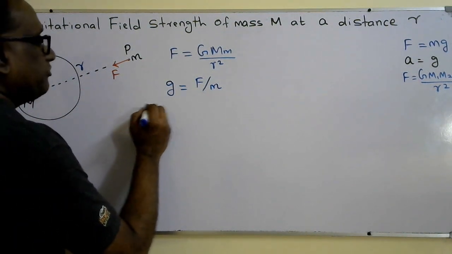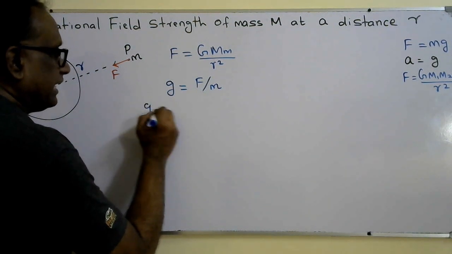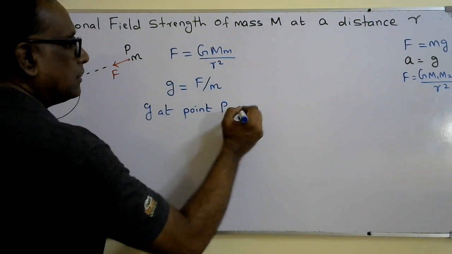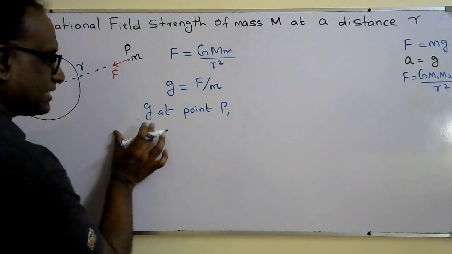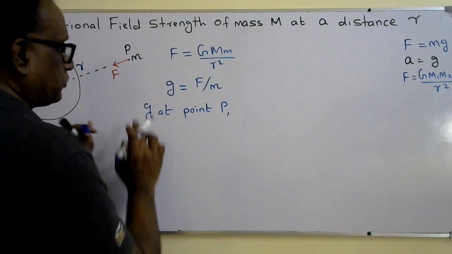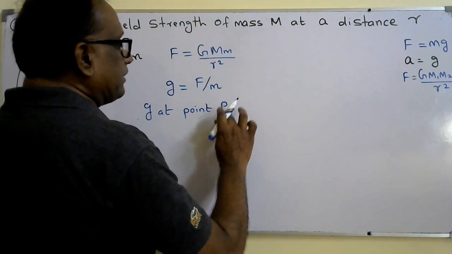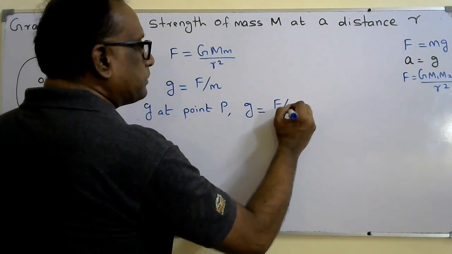So the gravitational field strength g at point P, where g is the symbol for gravitational field strength, is equal to gravitational force per unit mass.